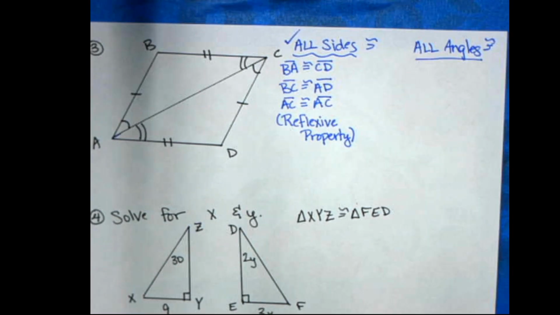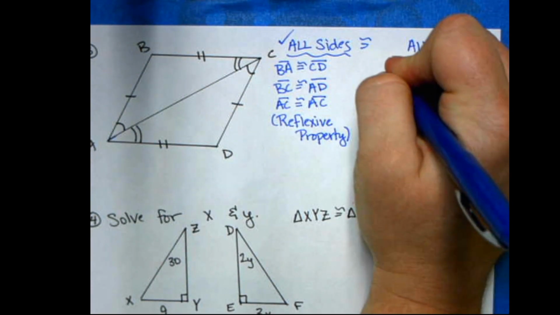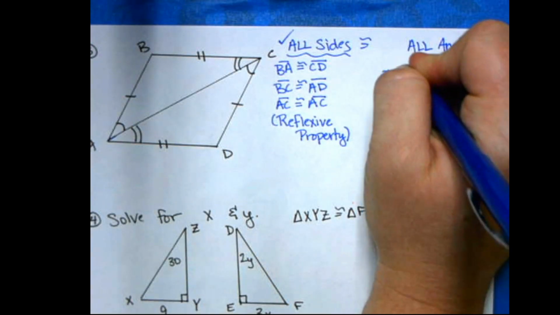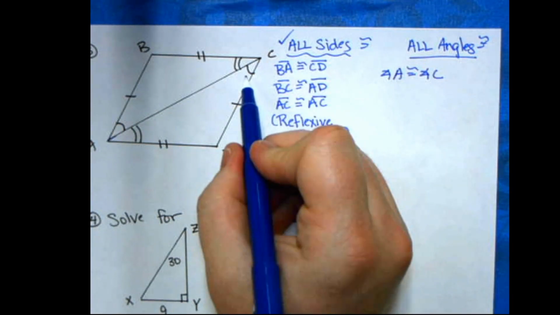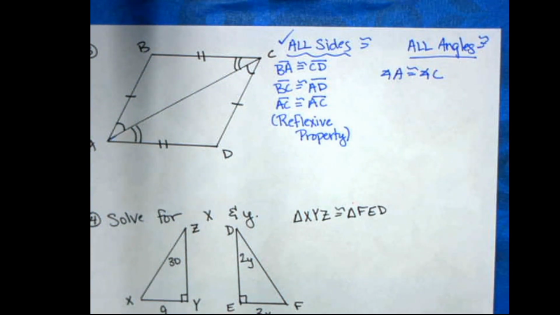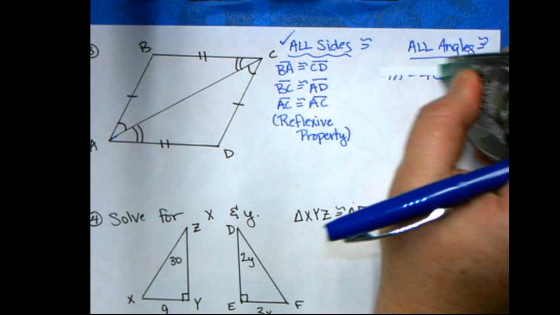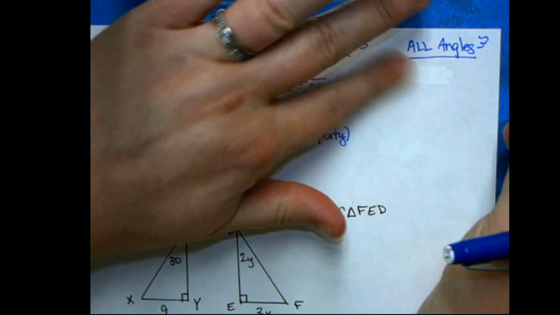So now let's go to the angles. Again, I'm going to start with my markings. I know angle A is congruent to angle C based on markings. Here I need to use 3 letters because I have multiple angles on a vertex. So let's change my writing here.